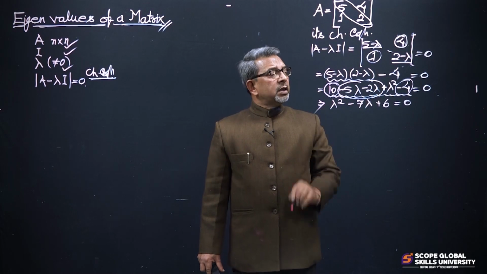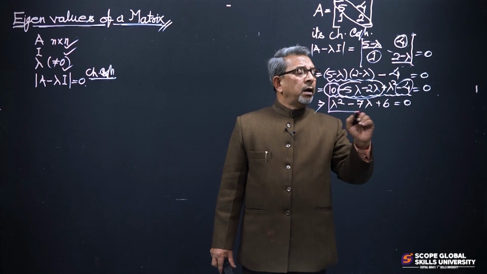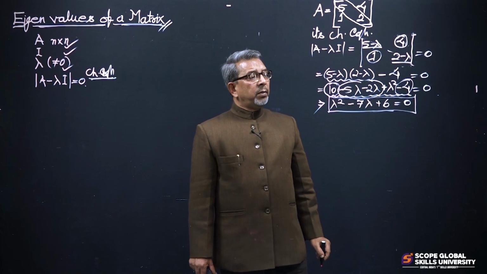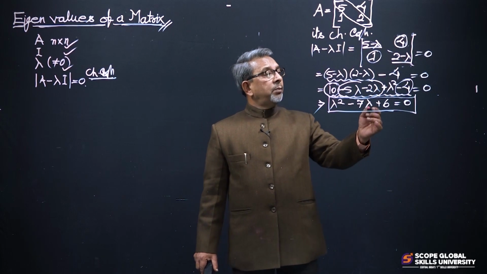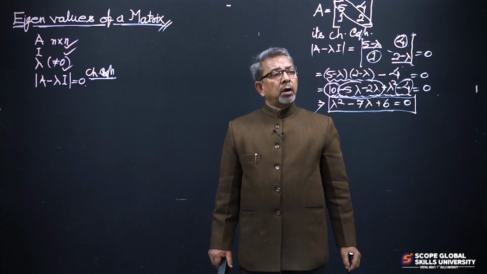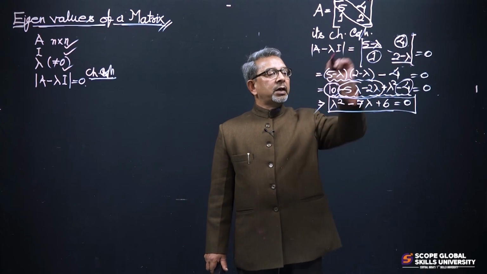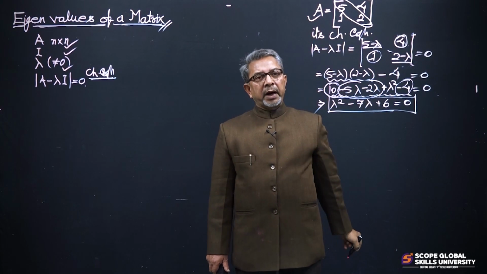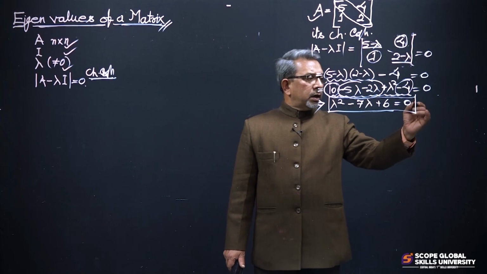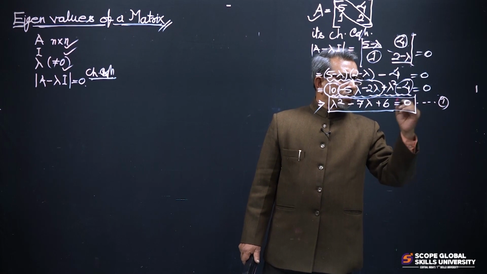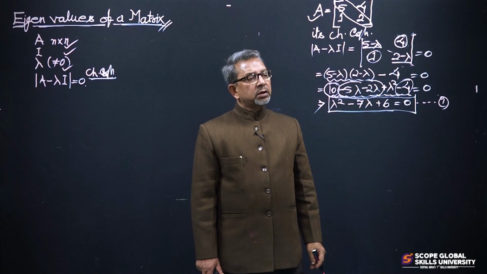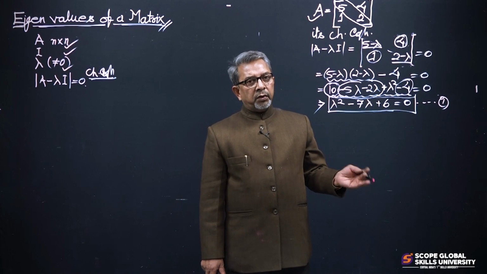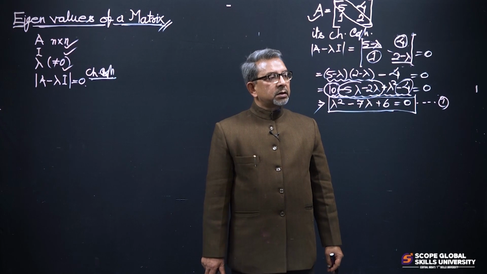So, in this way, we get this equation represented by lambda square minus 7 lambda plus 6 is equal to 0, which is the respective characteristic equation for this matrix A. Let us consider this as our equation number 1, because we have to use this equation in a forthcoming lecture for calculation of different things.